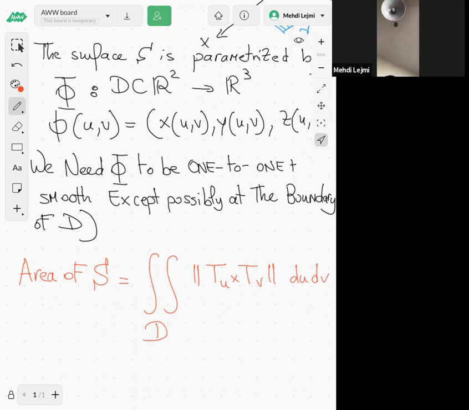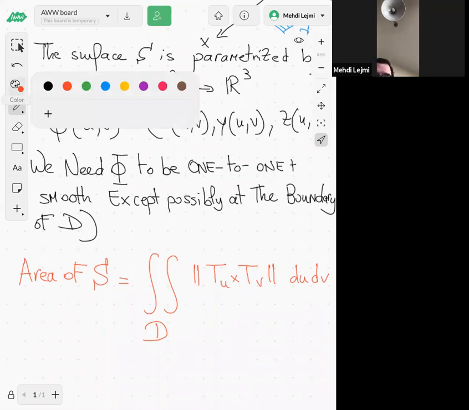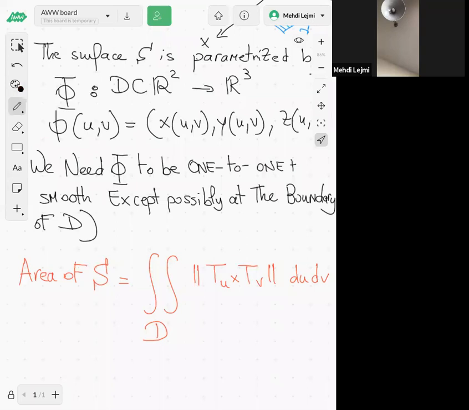This is one reason we need the surface S to be smooth, because of course we don't want this cross product to be 0. Remember, in order to be smooth, first phi needs to be 1 to 1, but then smooth means that this is not the 0 vector.